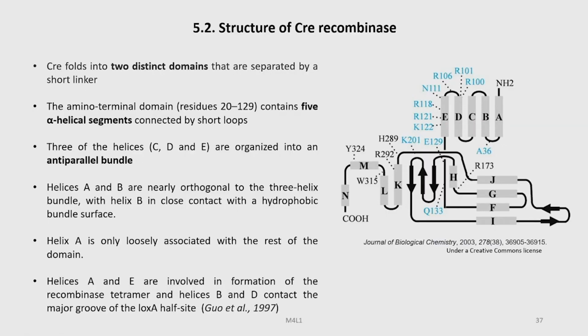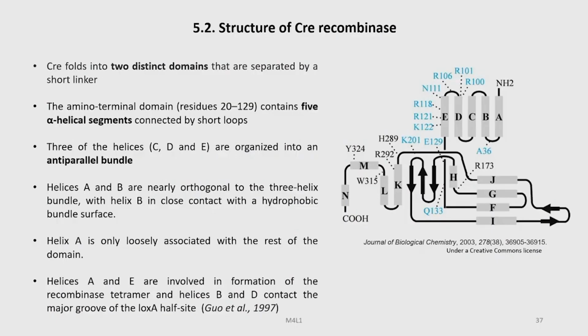The helices A and B are nearly orthogonal to the 3 helix bundle, with helix B in close contact with a hydrophobic bundle surface. Helix A is only loosely associated with the rest of this domain.